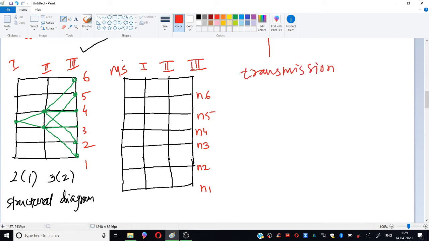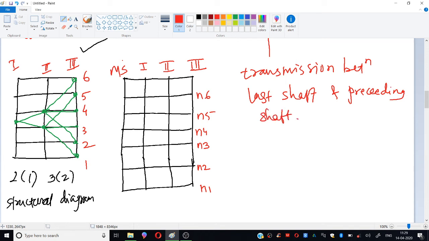Between the last shaft and the preceding shaft. So now we will draw the ray diagram. For the ray diagram, you have to check for the lowest lines or lowest speed.